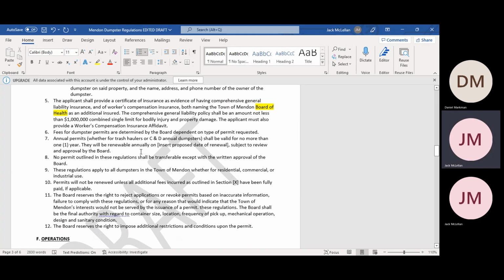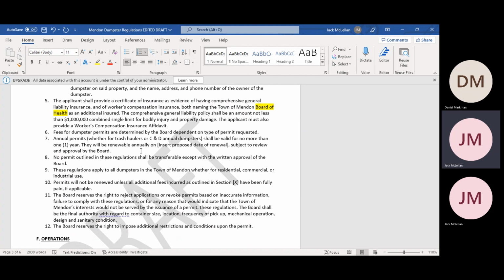On 6, I had a question. Fees for dumpster permits are determined by the Board of Health, dependent on the type of permit requested. We're only charging, or proposing to charge, a fee on temporary dumpsters, right?